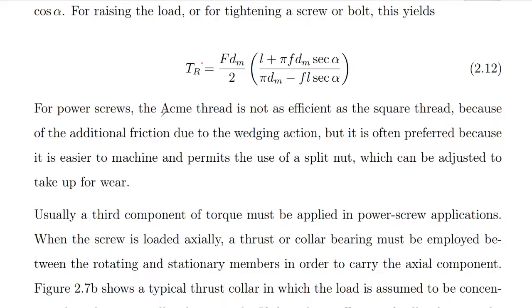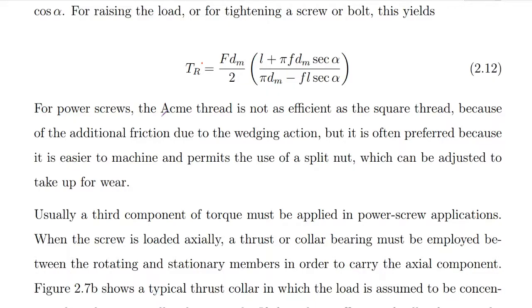and also it's easier to machine the Acme thread. That makes it easy for it to be machined, and it is preferred. And also, especially with a split nut, if the nut is split, the nut can be adjusted to accommodate for wear.